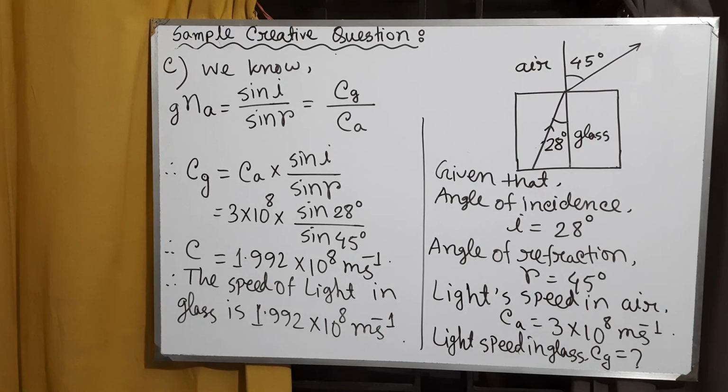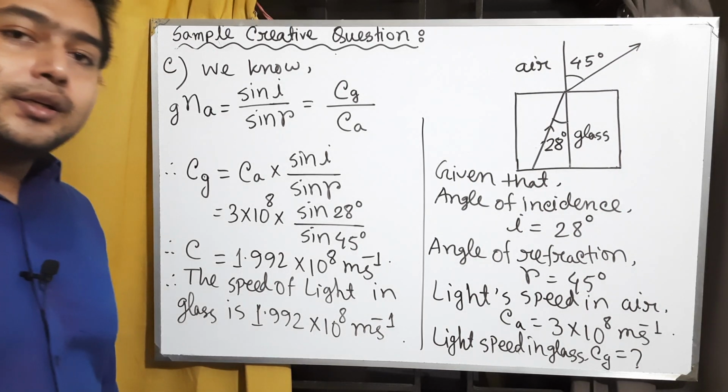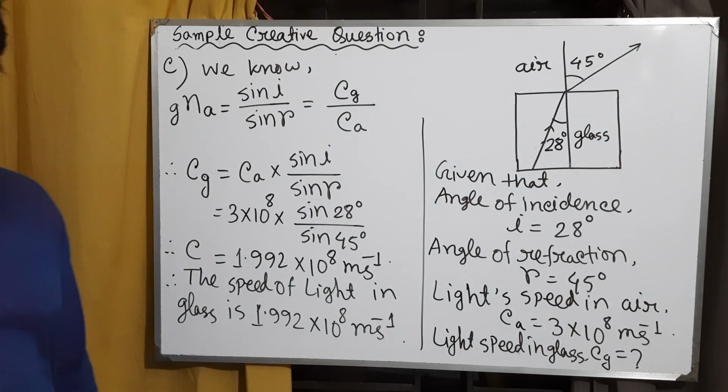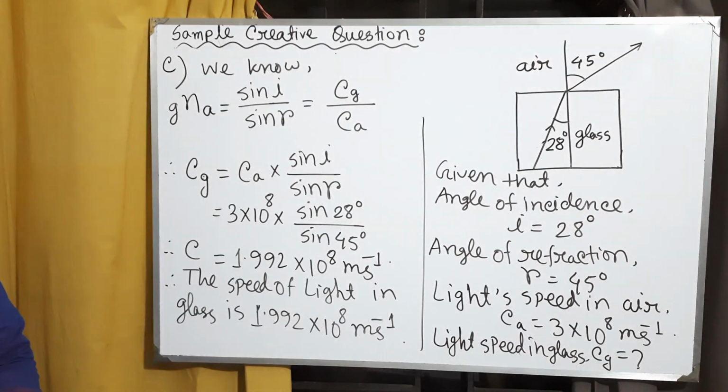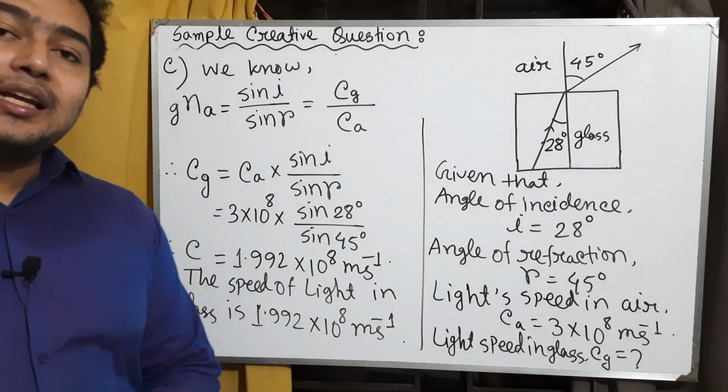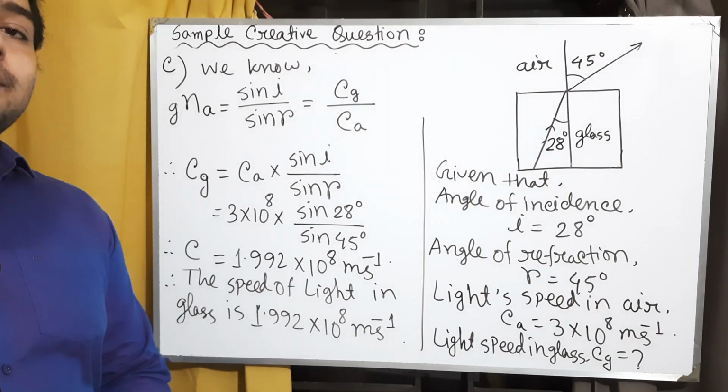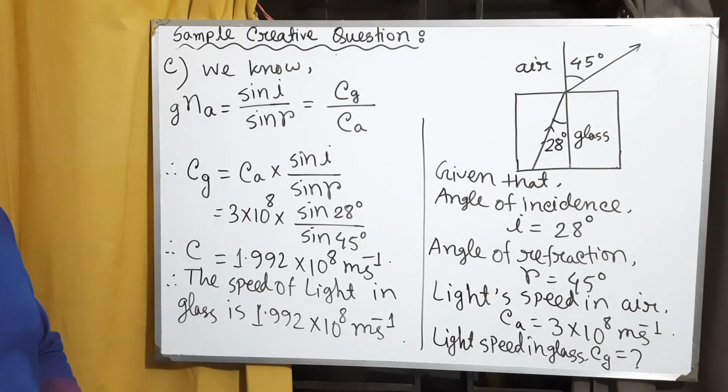Now we will calculate question C. Here we need to calculate the velocity of light in the glass medium.